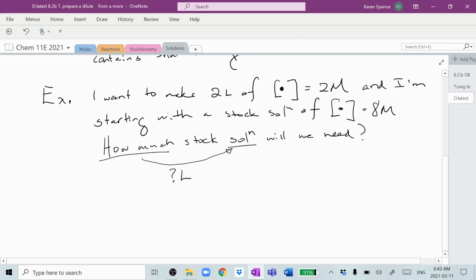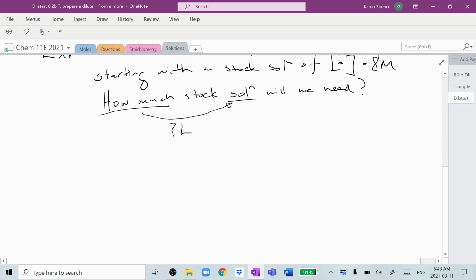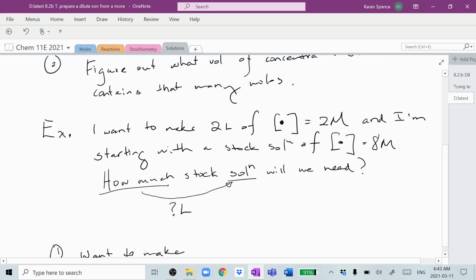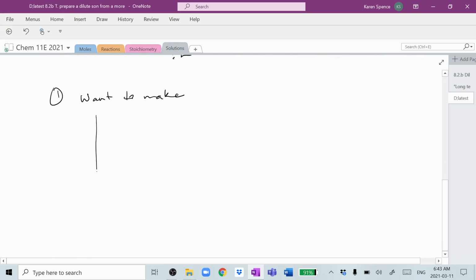All right. So let's start with the solution that we want to make. Well, I want to make 2 liters of 2 molar dots. So I want 2 liters. There's 1 liter. There's 2 liters. So altogether we have 2 liters of 2 moles per liter.